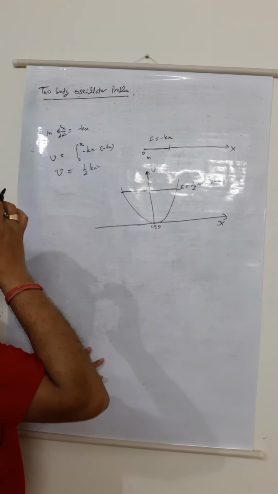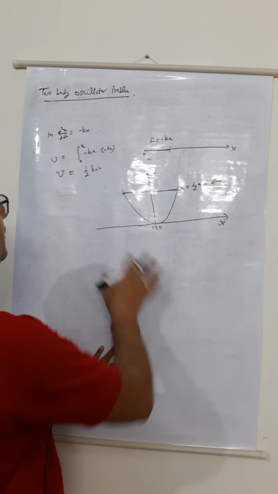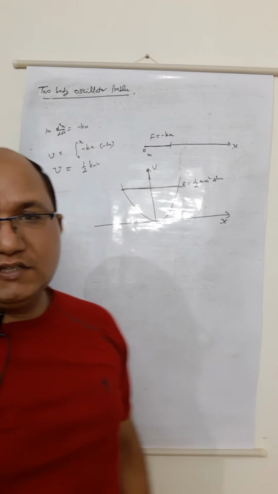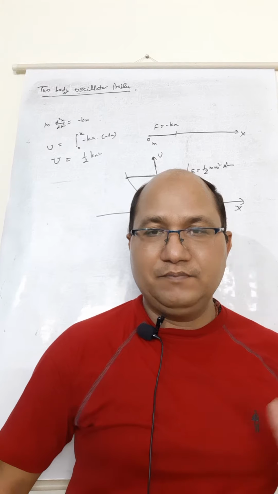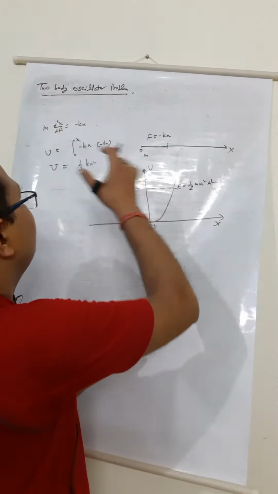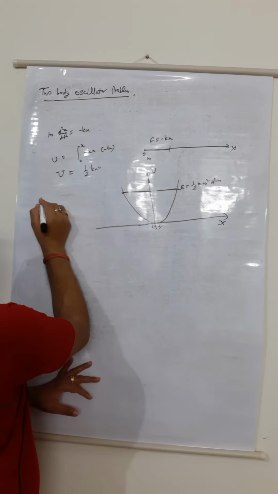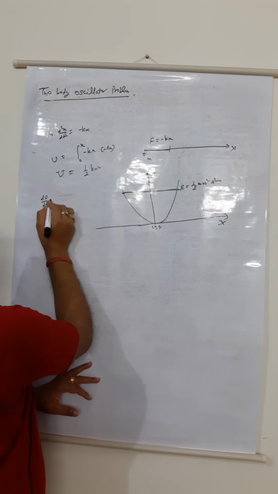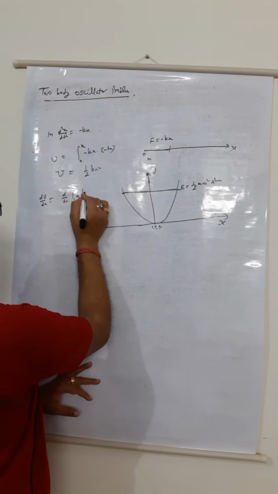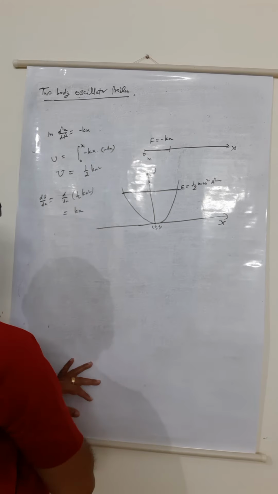So if there is a force of this type, and under this force the body always oscillates because of the nature of this force, then if we differentiate this, du by dx is equal to d upon dx of 1 upon 2 kx square, which is equal to kx.